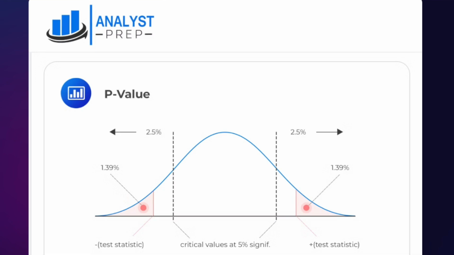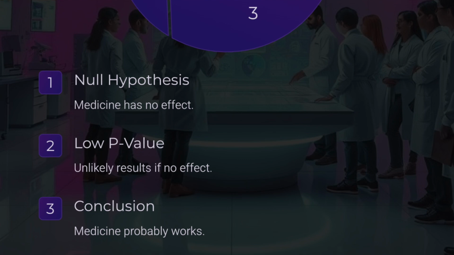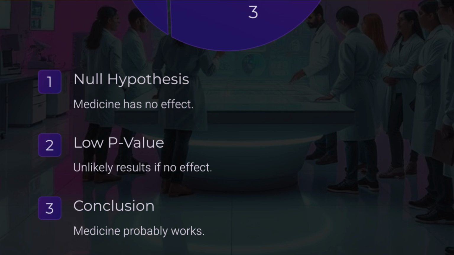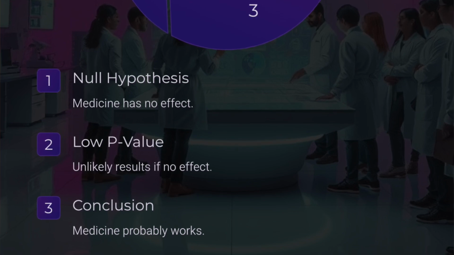So this is what the p-value concept is technically, and it can be used in medical trials as well. Let's say you launch a new medicine which lowers cholesterol. In this case, your null hypothesis will be that the sample of users who received your medicine should ideally have 0% reduction in cholesterol.